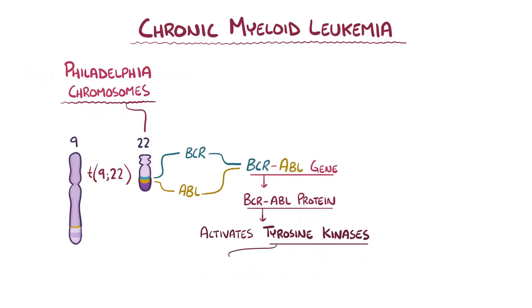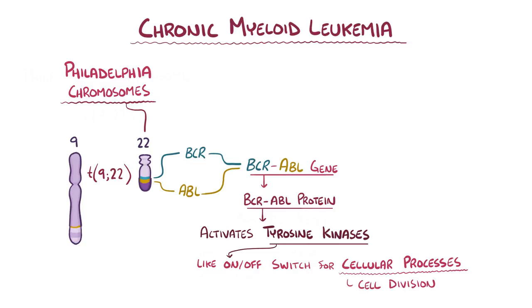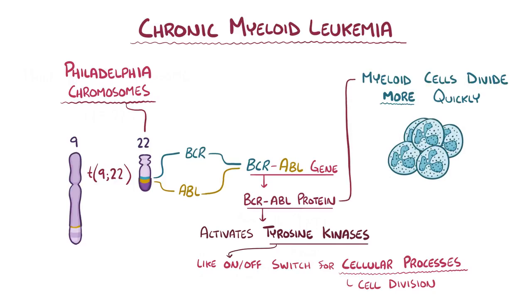Now, some of these tyrosine kinases are like on-off switches for various cellular functions, including cell division. So when the BCR-ABL fusion protein turns on these tyrosine kinases, it forces myeloid cells to keep dividing quicker than they should, which causes a buildup of premature leukocytes in the bone marrow that eventually spill into the blood.